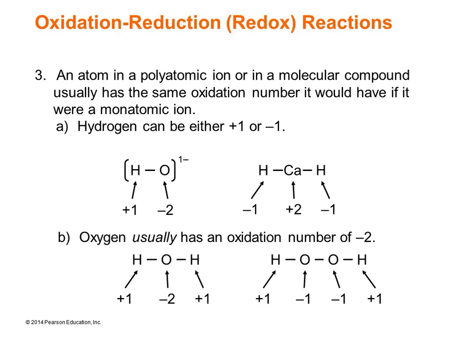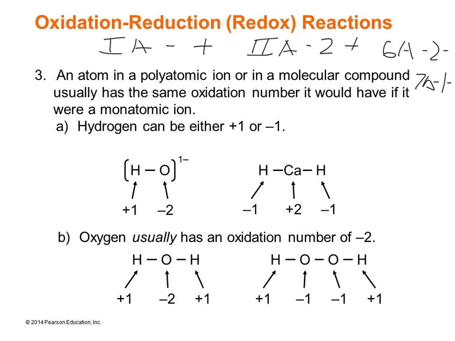It means that group 1A elements will usually be +1, group 2A elements will usually be +2, group 6A elements 2 negative, group 7A elements -1. Some other guidelines to help us: hydrogen can be either +1 or -1.